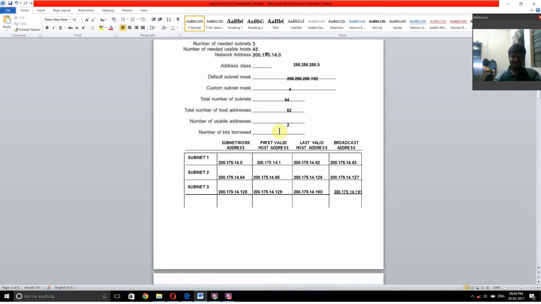The number of usable addresses is 62, and here there are 4 columns.